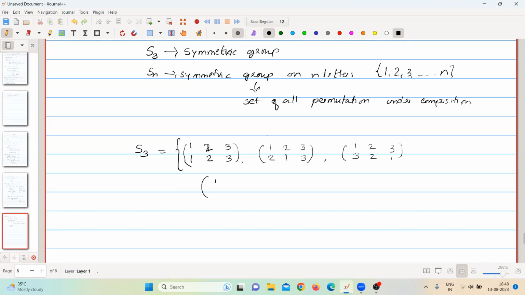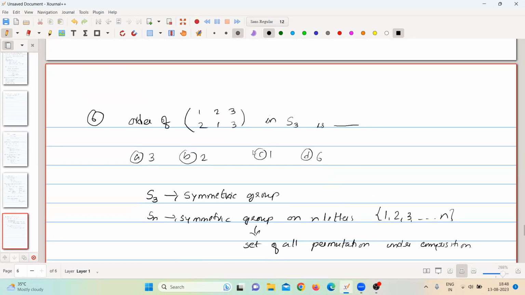The next one is 1 fixed, 2 to 3, and 3 to 2. Next, 1 to 2, 2 to 3, 3 to 1. And 1 to 3, 2 to 1, 3 to 2. Okay, so these are all the possible permutations in S3.